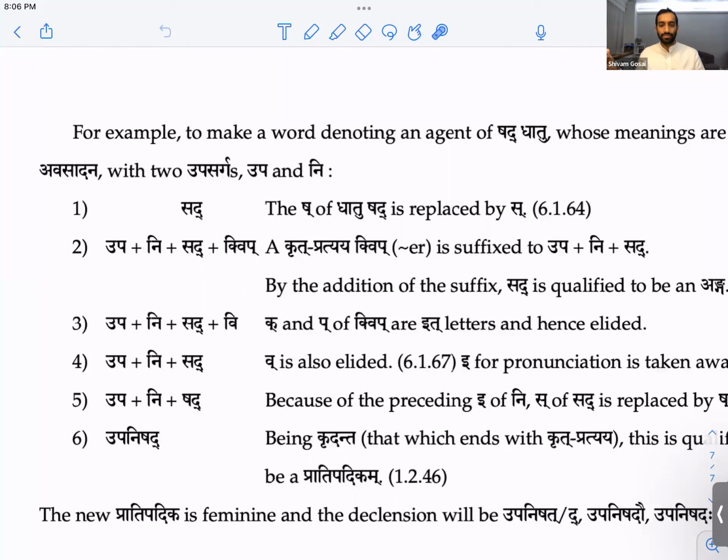Upani has other meanings. We can see that next time, but the sad here is the destroyer. So kvip is a zero pratyaya that gives the kartari sense and goes away and makes this dhatu into a pratipadika.